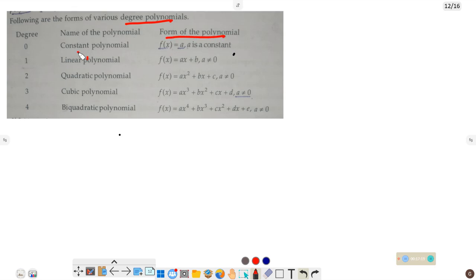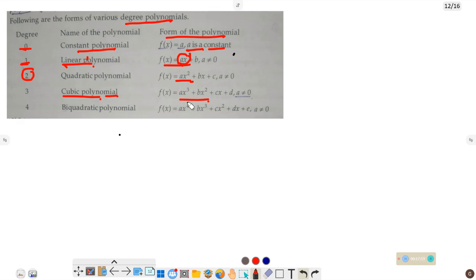It is a constant polynomial. It has 0 degree because it has no variable. Linear polynomial has only one variable, and its highest power is 1, so its degree is 1. The quadratic polynomial expression we have already discussed in previous slides, so this is just a revision of the concept.